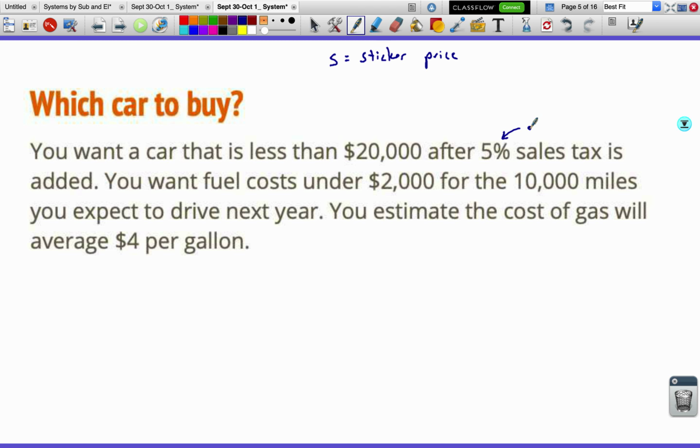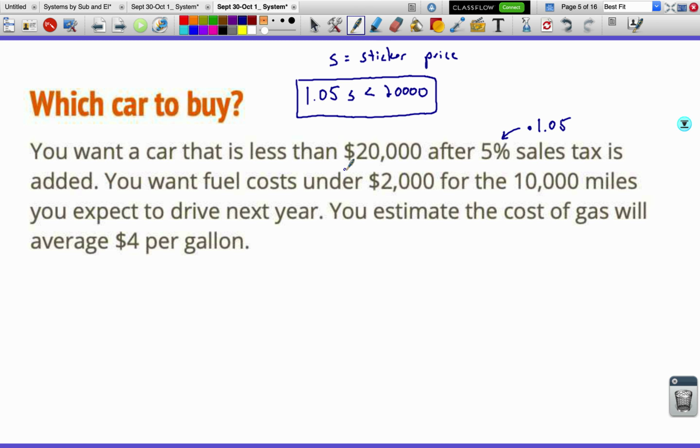So that's why to add a 5%, we multiply by 1.05. So if I take 1.05 and multiply it to the sticker price, I need that value there to be less than 20,000. All right. So here's an inequality that represents this first fact.